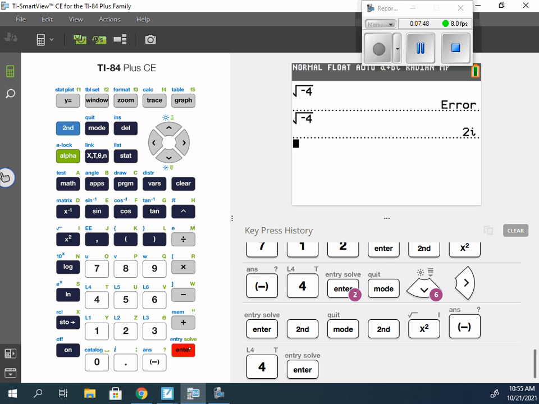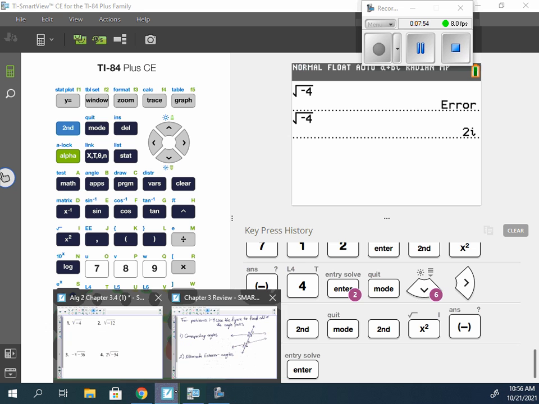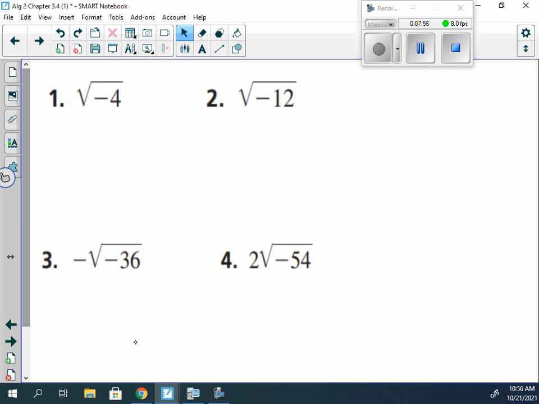So the square root of negative 4 is 2i. Now, if we did it the other way, well, I know the negative is going to come out as i, which leaves me with what? Square root of 4, which is 2. So the square root of negative 4 is 2i.